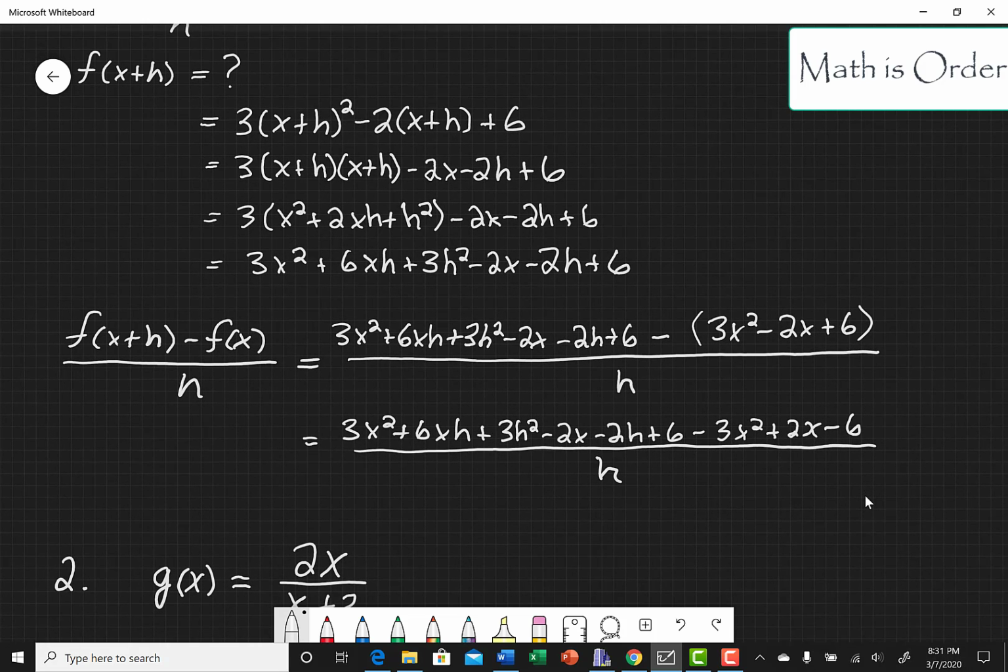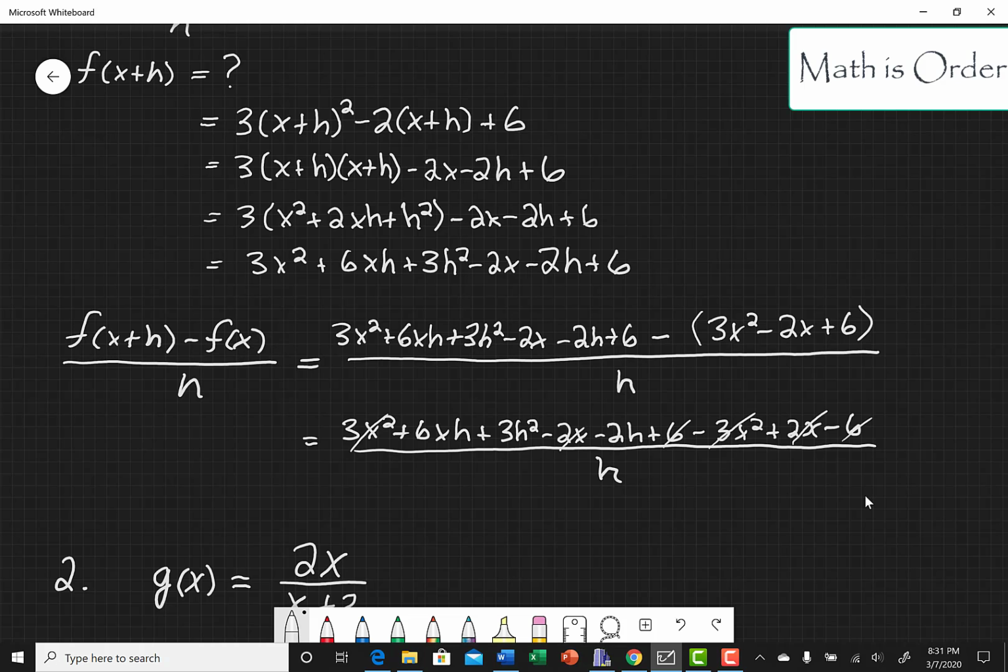All right, so certain terms cancel out. So 3x squared cancels out with the negative 3x squared. Positive 2x cancels out a negative 2x. Negative 6 cancels out a positive 6.